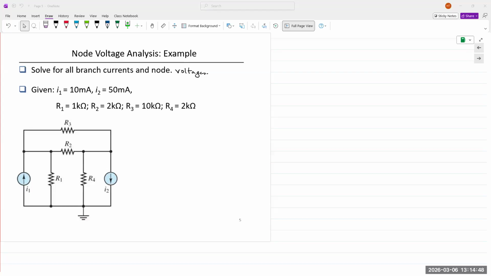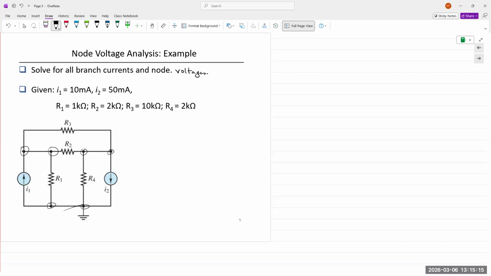So to do that, let's count the number of nodes. How many nodes do you see in this circuit? 2, 3, 4, 5, 6. How many say 6? How many say 5? How many say 4? How many say 3? 2, 3.